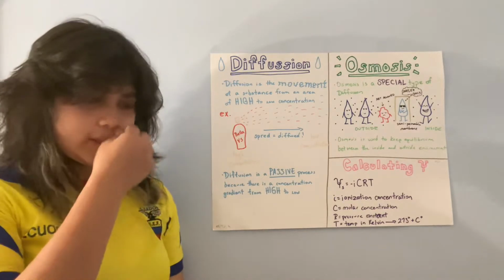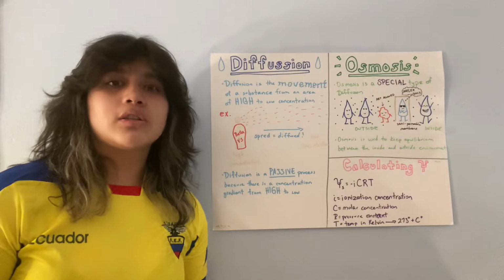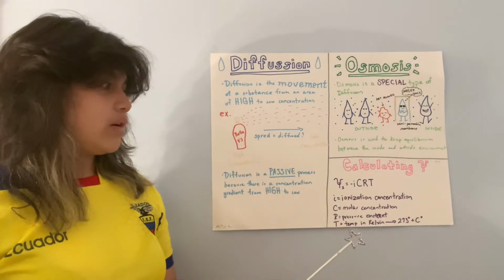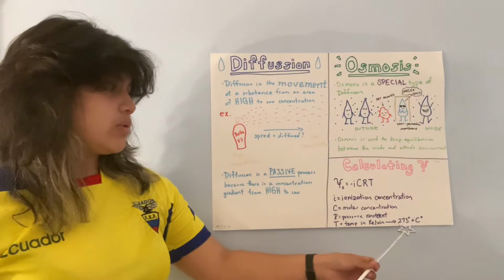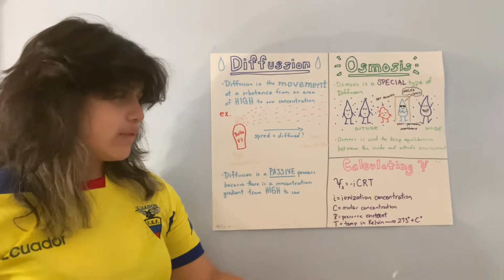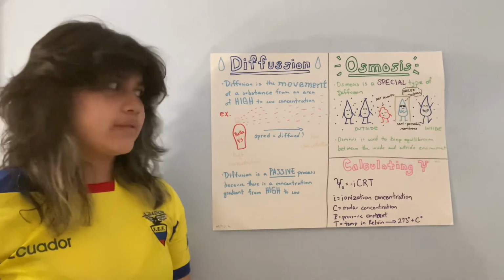The variable of temperature is particular because we need to convert whatever temperature in Celsius is given to us into Kelvin by adding the Celsius value to 273.